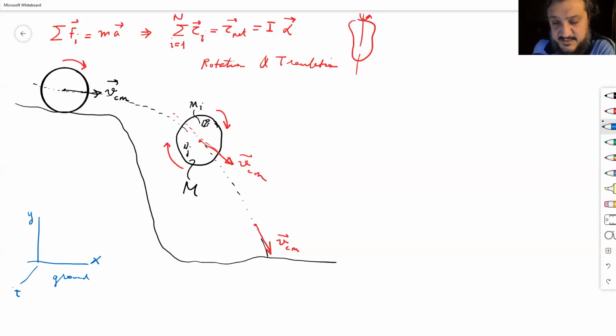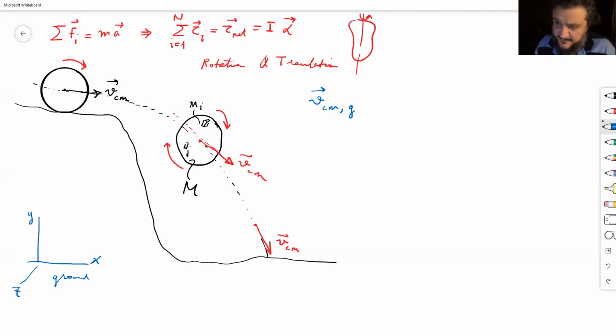Just x and y is enough. So when I say V_CM, I'm talking about a velocity with respect to that ground. I'm going to put comma G. That means the velocity of the center of mass with respect to the ground, or whatever your reference frame is. So that's going to be our notation here.